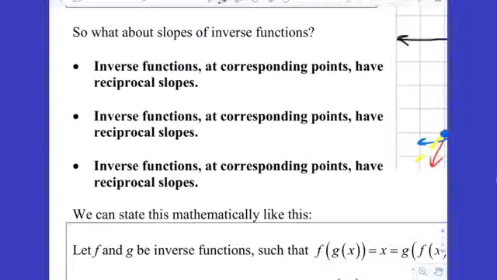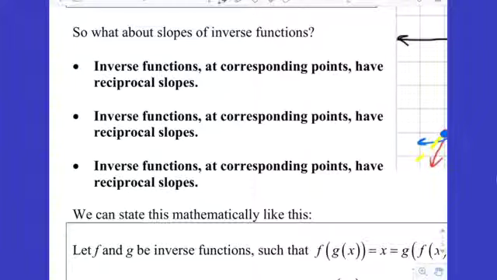All right, so let's go ahead and state this. There's three important bullet points that you need to understand when it comes to invertible functions. Inverse functions, the first bullet point, at corresponding points have reciprocal slopes. Very important. Bullet point number two, inverse functions where have reciprocal slopes? At corresponding points. Very good.